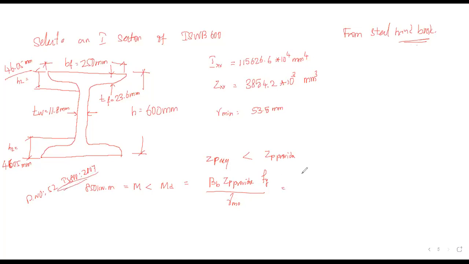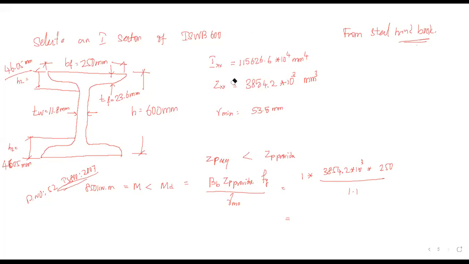So here beta B is equal to 1. ZP provided is equal to 3854.2 into 10 to the power 3 multiplied with 250 divided by 1.1. If I substitute this, the moment capacity of the section will become 875.95, sorry, 875.